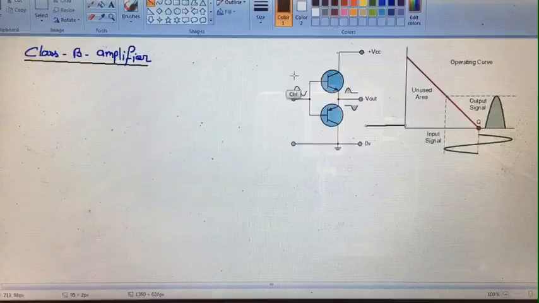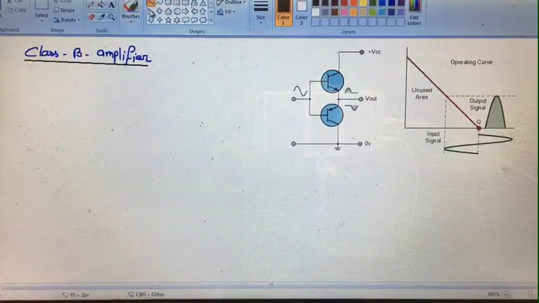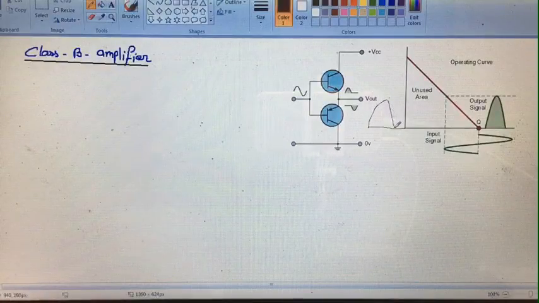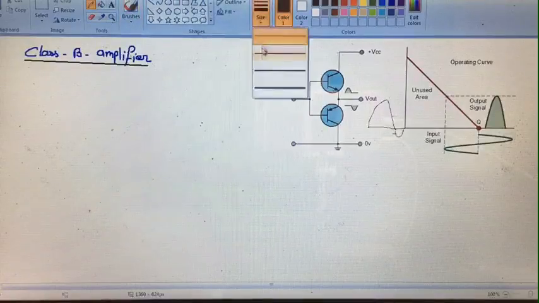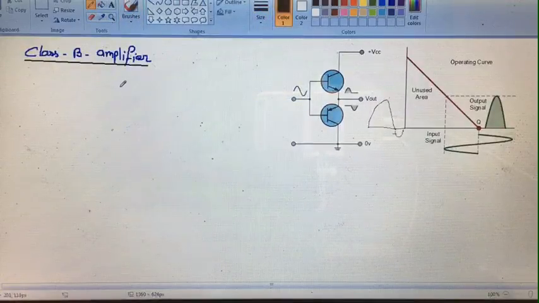When the quiescent point is in the cutoff region, there will be no collector current during half of the input cycle. We get current only for the positive region, not in the negative region. So, unlike in the class A amplifier, the power drop at no signal condition is removed.